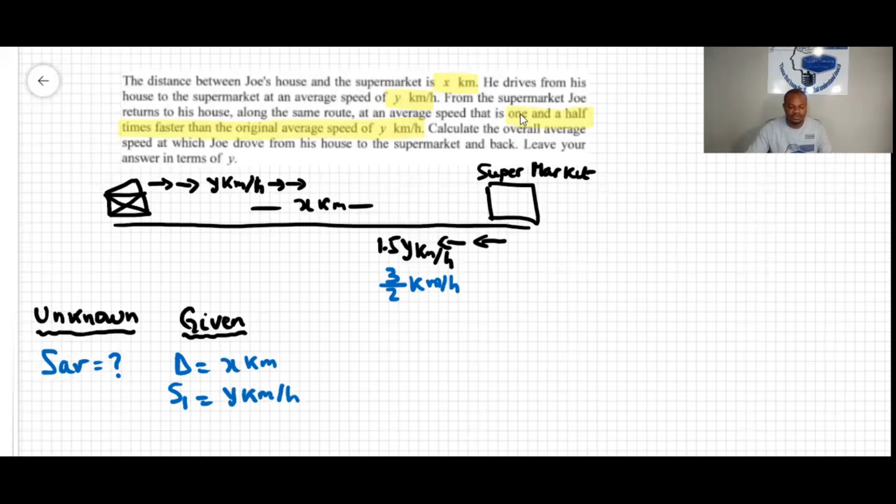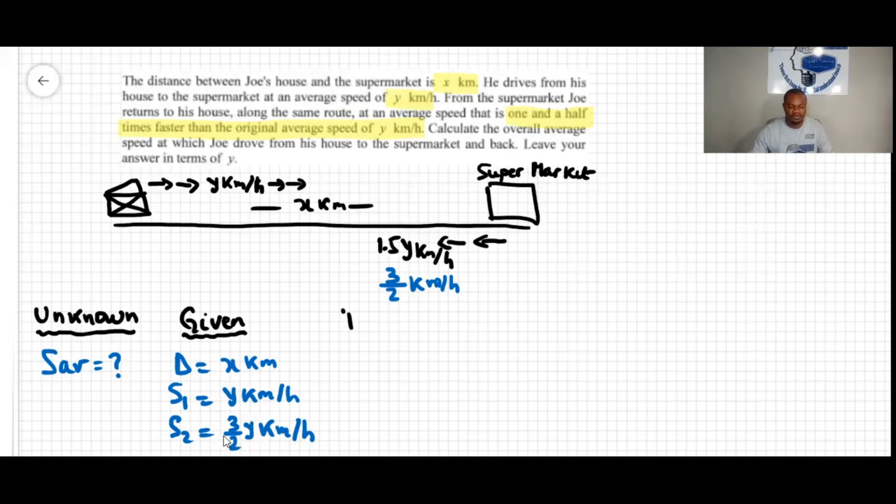And then the question also says that he returns with a different speed from the supermarket to his home. He drove 1.5, which is 3/2, so we call it S2. So this is 3/2 Y kilometers per hour.